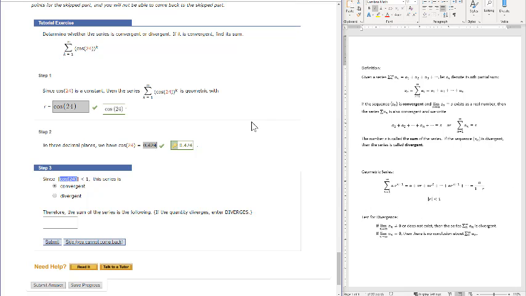So our a term, let's see. Notice the difference between the series here and the series for the geometric series. We need to figure out the a term. So we figured out that r is equal to 0.424, and we need to figure out what a is.